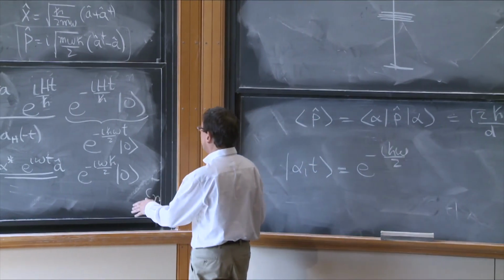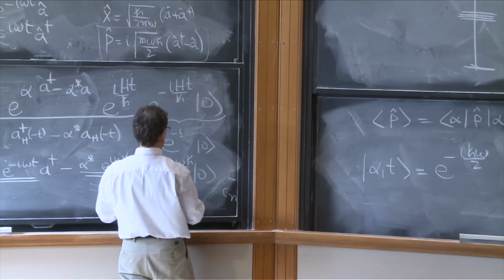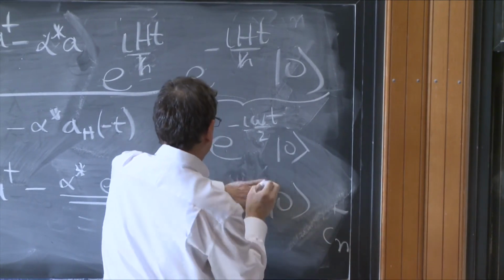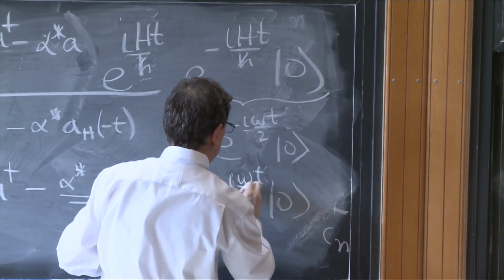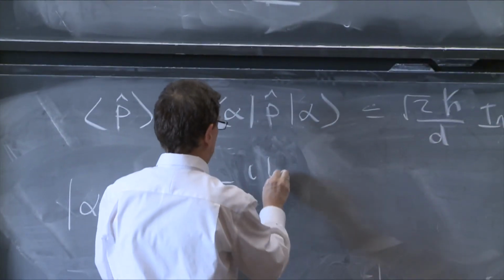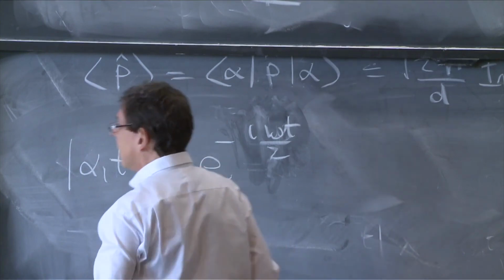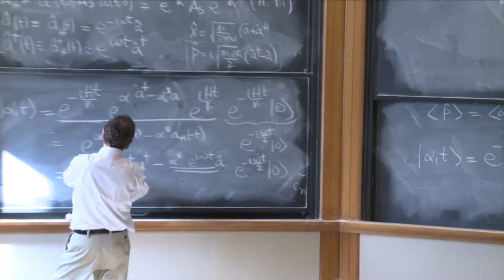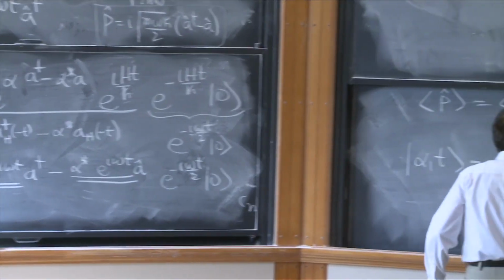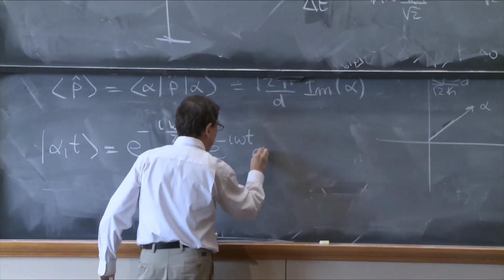Minus i omega t over 2 times the coherent state, the time-independent coherent state of value e to the minus i omega t alpha.